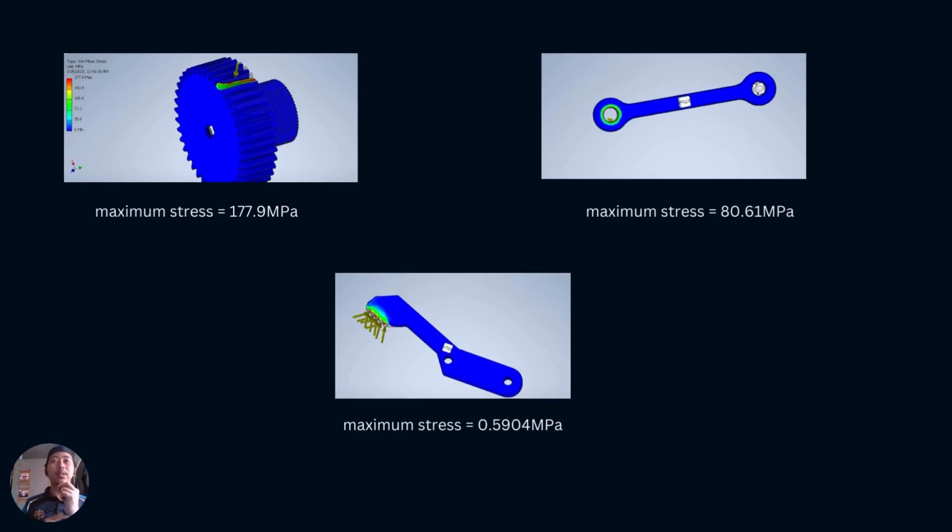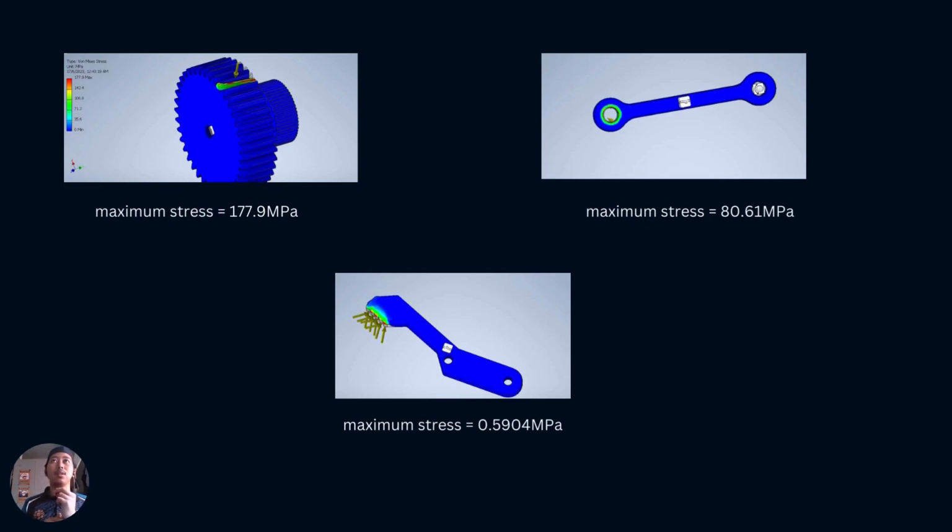Here are the components that we have built or created in SolidWorks. Then we transferred the model or the components into Autodesk Inventor to calculate the maximum stress for each component. As we can see here, there are three components, which are the connecting gear, the link, and the gripper.